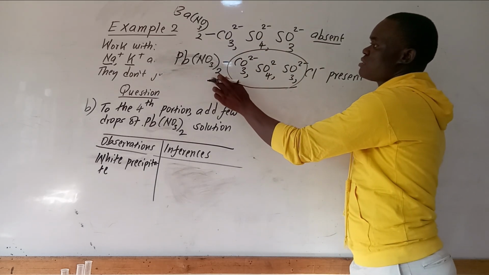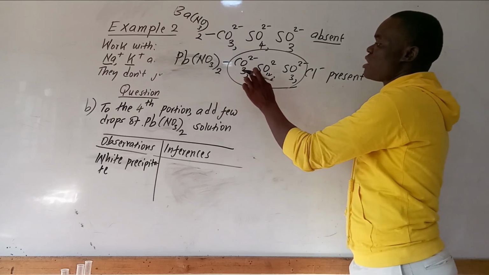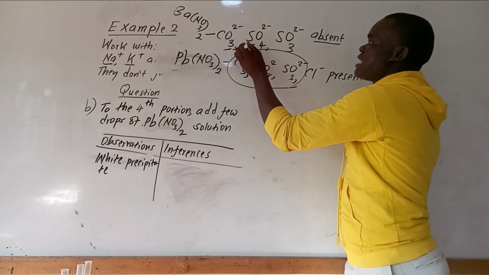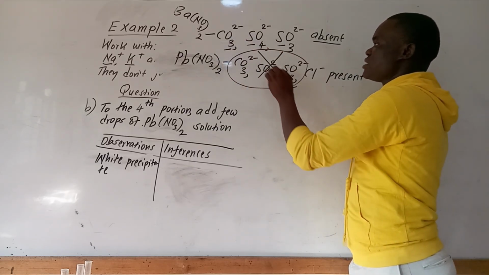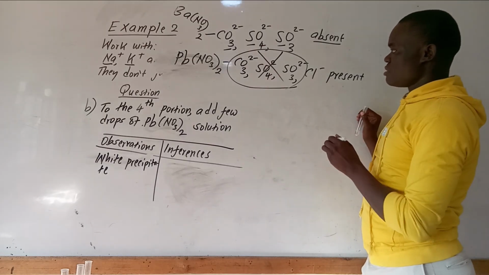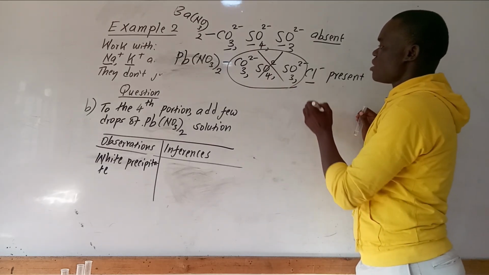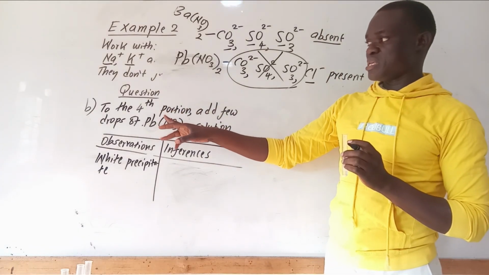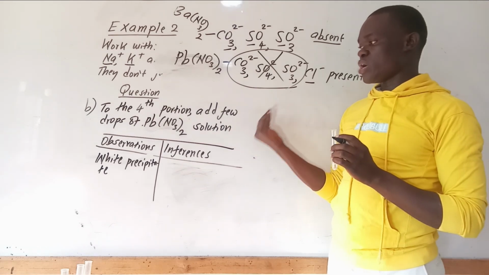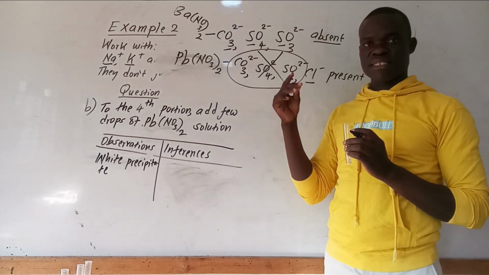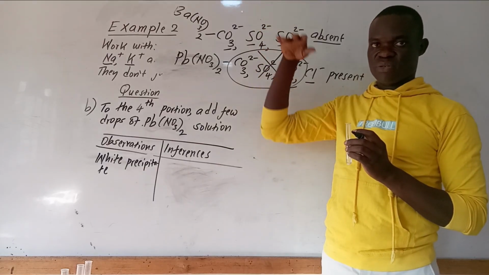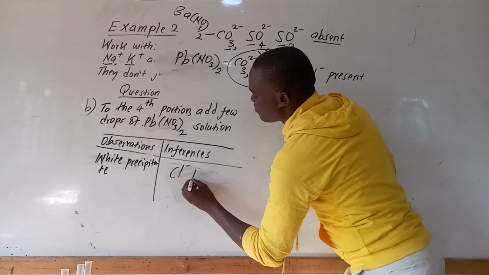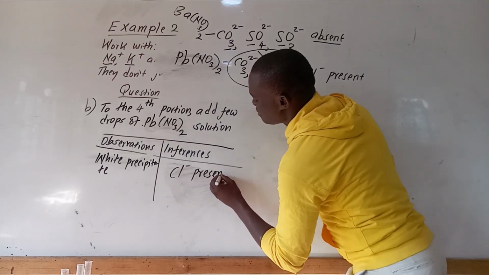So in this question part B, we are only allowed to mention chloride, but not the other 3. So we will only mention chloride ion as present, but not the 3.